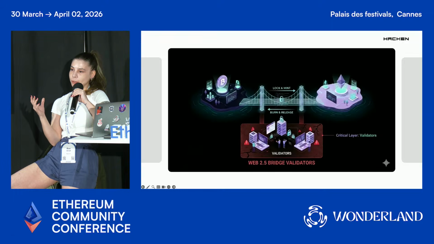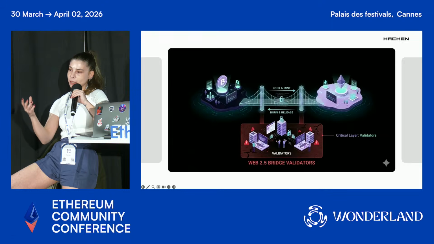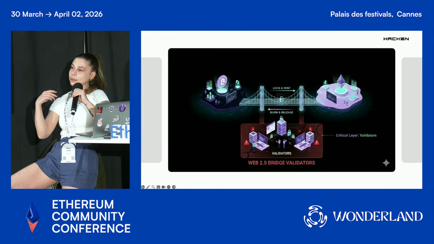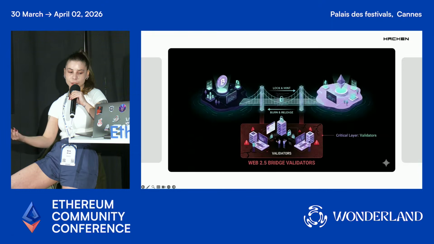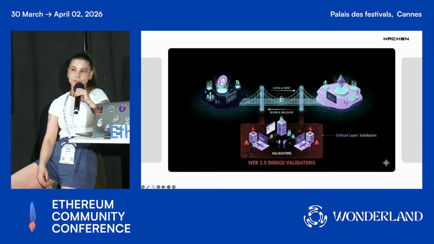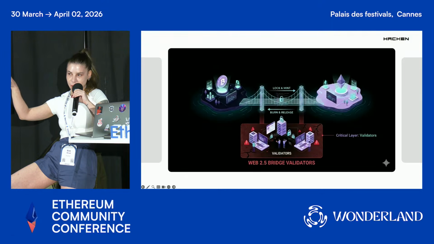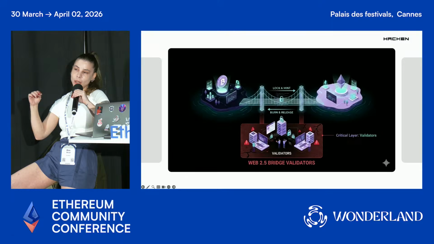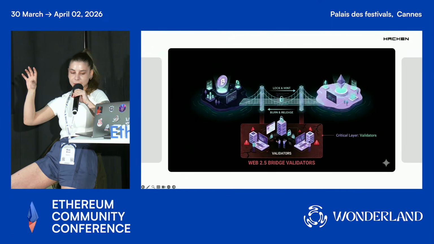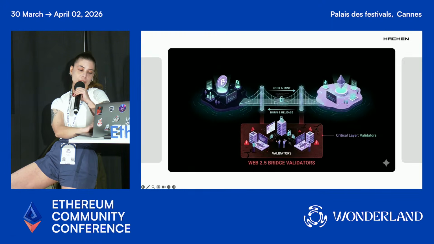It's the validators, the API, the network infrastructure, the private keys. That's why we call it Web 2.5: not fully decentralized like Web 3, and not the traditional Web 2. It's somewhere between them, and they carry the risk from one world to another.